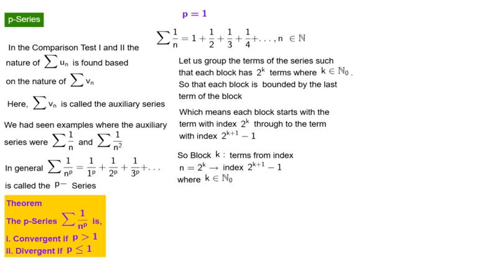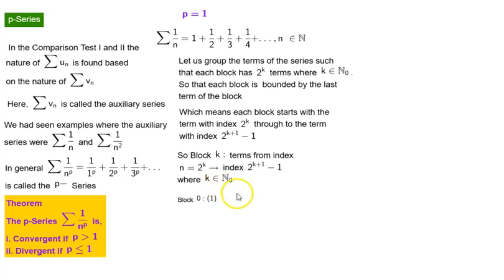So let's look at some blocks. We have block 0 containing only the first term, 1. How? Because 2^0 is 1, and 2^(0+1) is 2, minus 1 is 1.